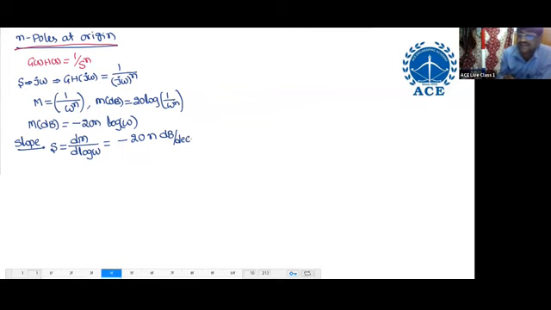What is the meaning of minus 20n dB per decade? In a decade of frequency, the magnitude decreases by 20n. For example, 0.1 to 1. If you observe the change in magnitude, minus 20n should be there.